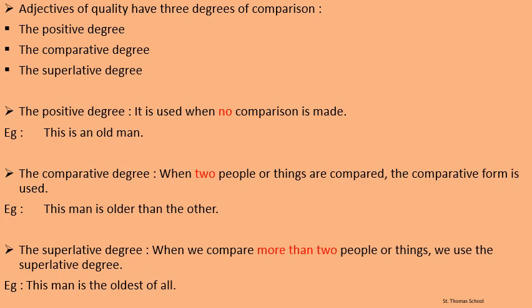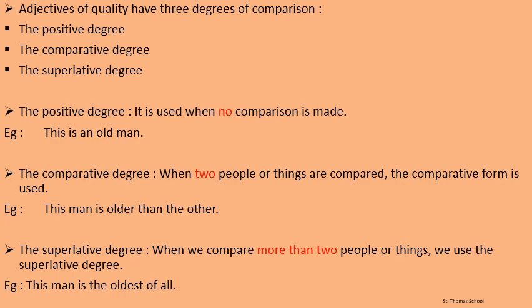Next one, the comparative degree. When two people or things are compared, the comparative form is used. Just keep in mind, comparative degree is used when comparison is between two. Remember the word two.